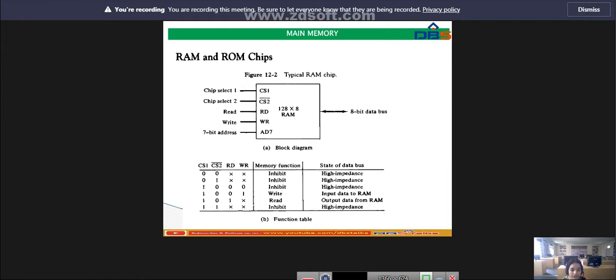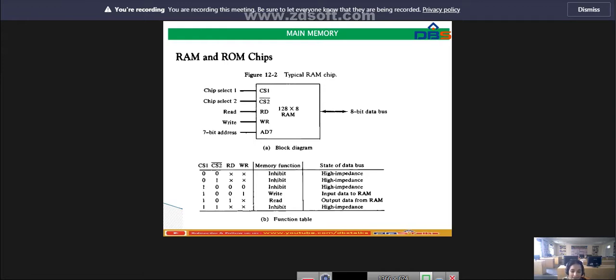The capacitors are provided inside the chip by MOS transistors. The stored charges on the capacitors tend to discharge with time, and the capacitors must be periodically recharged by refreshing the dynamic memory. So that is called the dynamic RAM.